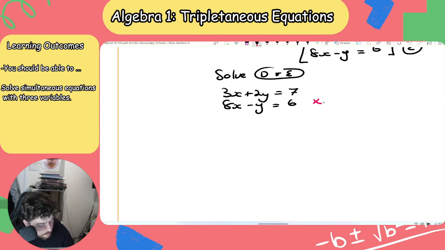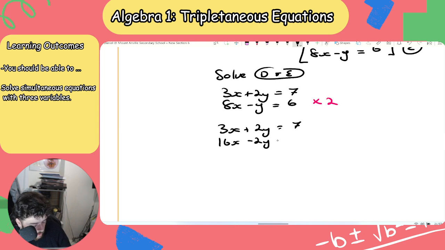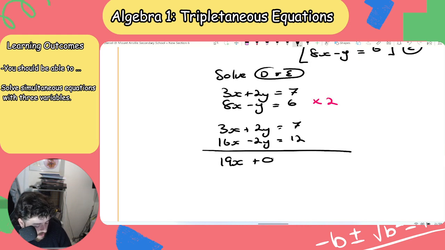I'm going to multiply the bottom line by 2. So I have 3x plus 2y is equal to 7, and 16x minus 2y is equal to 12. 3x plus 16x is 19x. The y terms go to 0. 7 plus 12 is 19. 19x equals 19. x is equal to 1.